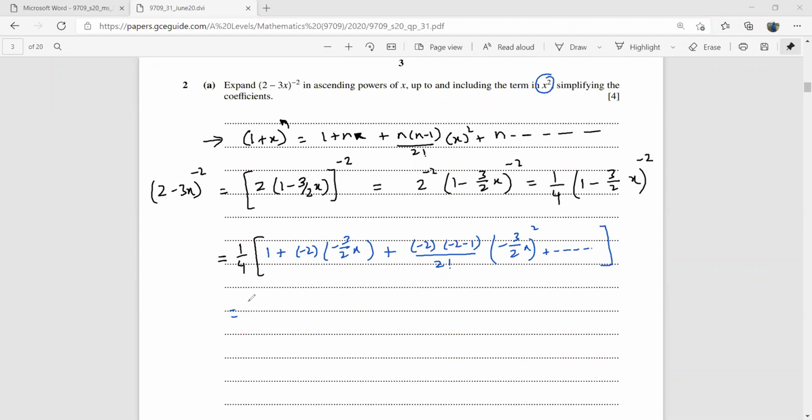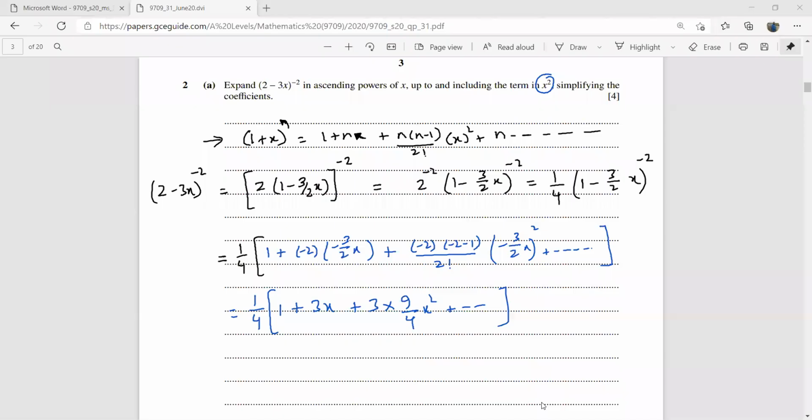And this is going to be 1 over 4 into 1 plus 3x, and you see this 2 is cancelled with this 2, and you have plus 3 into 9 over 4x square and so on.